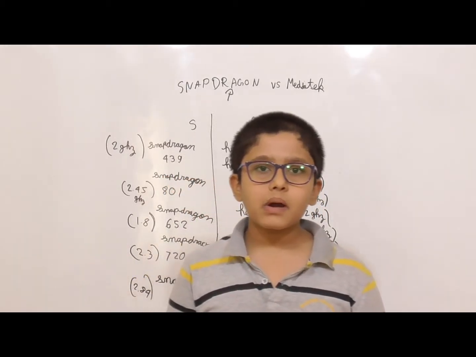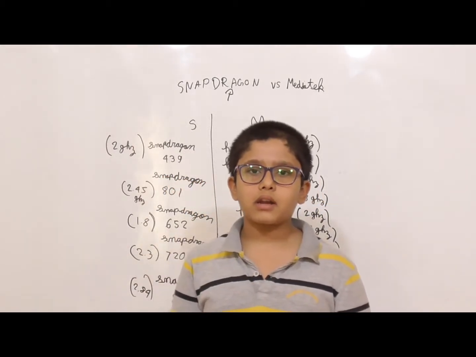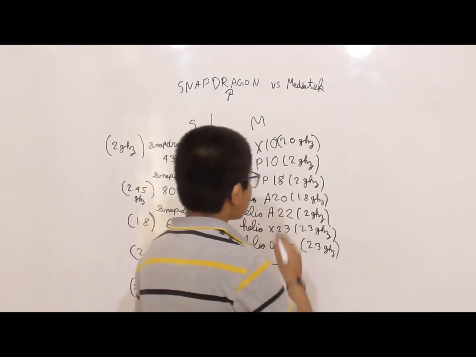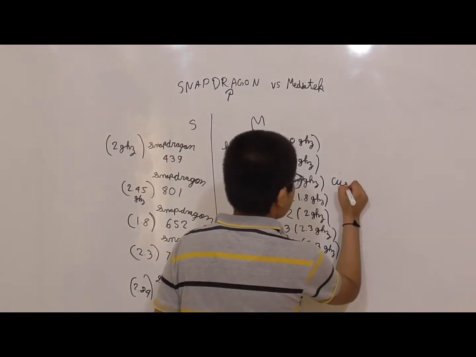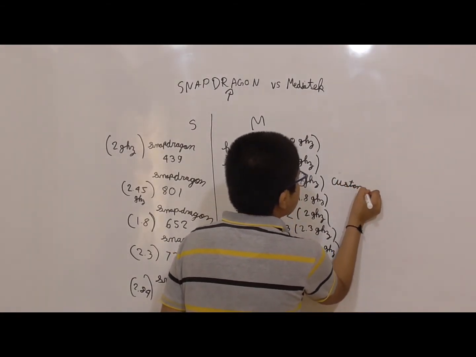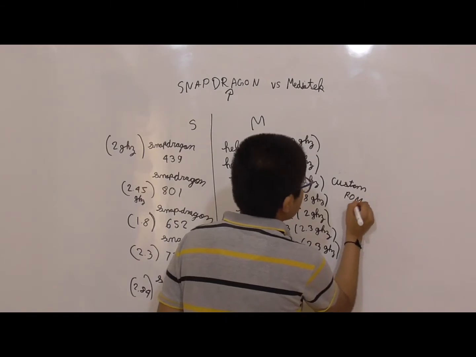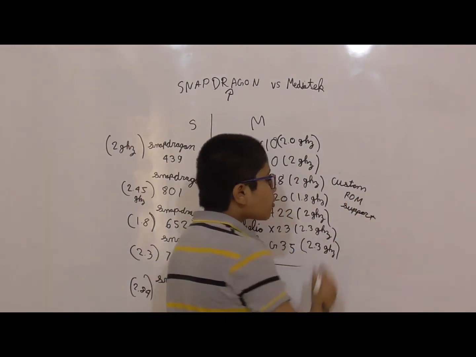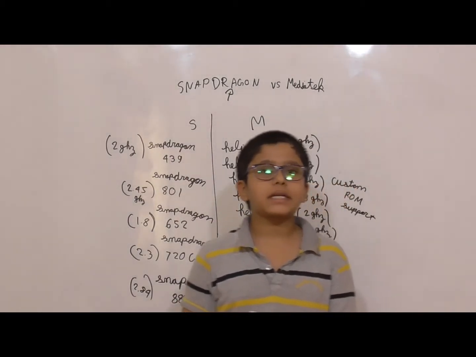So I want to talk about another thing in these two processors, which is custom ROM support. In custom ROM support, which chipsets are better?